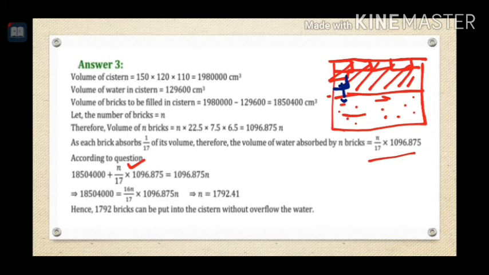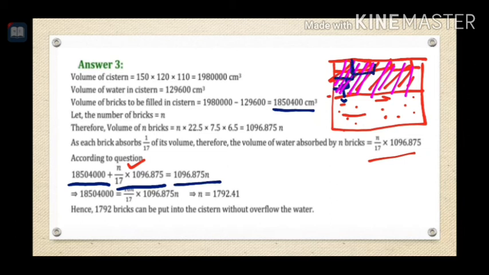Therefore, according to the question, you can say that the volume of this empty space plus the volume of water absorbed by the bricks is equal to the volume of the bricks.